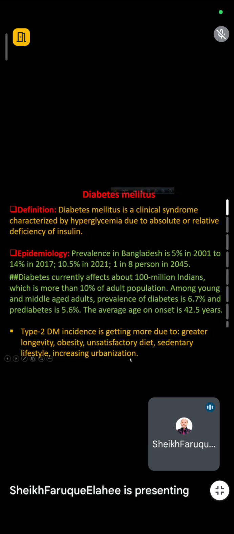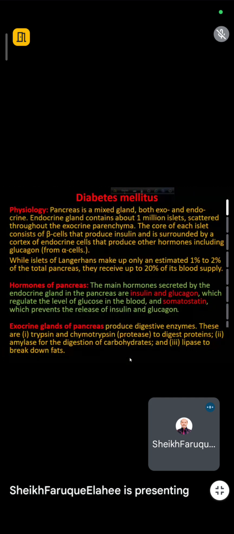More people are coming from village to the city. And city life has a bad effect, increasing diabetes. In village, you find fewer people having diabetes. In city, more have diabetes. So these are the causes of increasing incidence of diabetes in the population. Now let us discuss something about diabetes physiology.